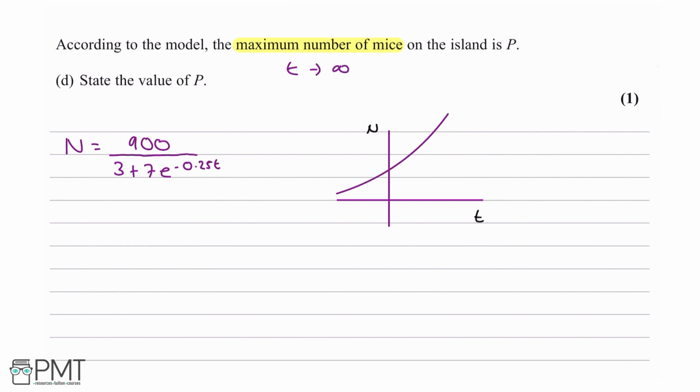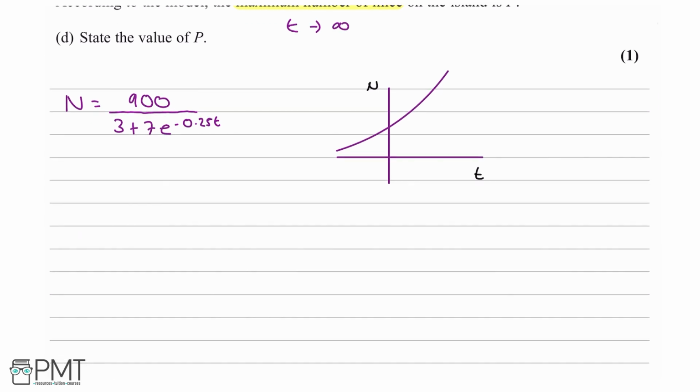So as t approaches infinity, 0.25t also approaches infinity, meaning that minus 0.25t approaches minus infinity, and e to the minus 0.25t would approach 0.